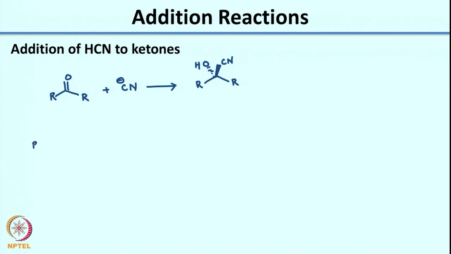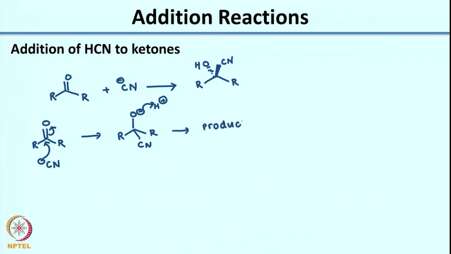One mechanism would be where you have the CN minus directly interacting with this electrophilic center to give you, and then in the presence of, since you are doing this in an acidic medium, the other option could be where you have, so you can first have protonation followed by addition of the nucleophile to give you the product.